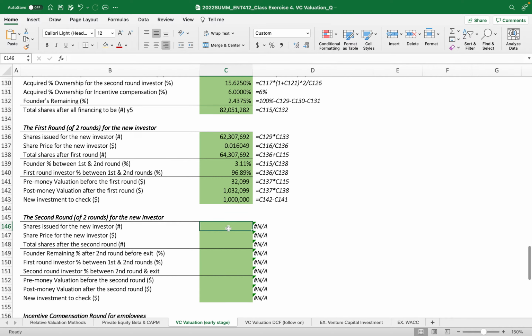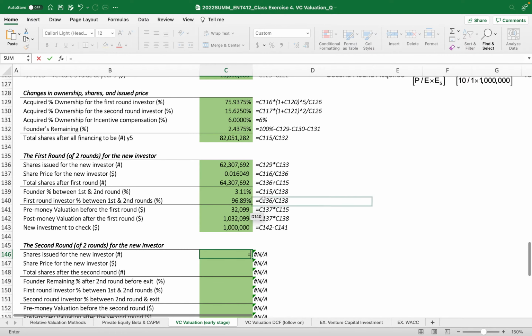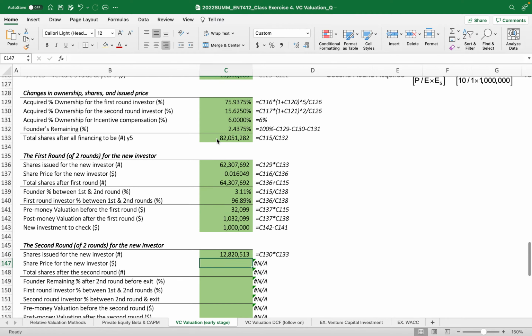Now the shares issued for the new investor, in the same way here, this must be 15% times the total number of shares, because they will hold this 12 million shares at the end of this exit year, right? So they got this 12 million.